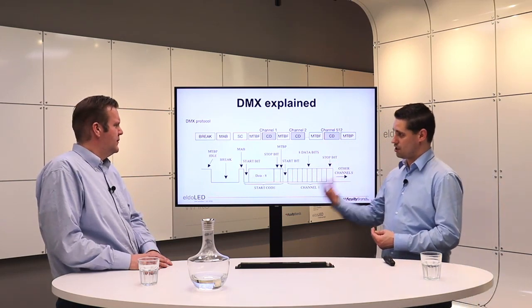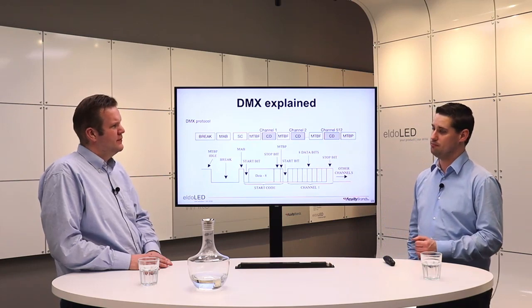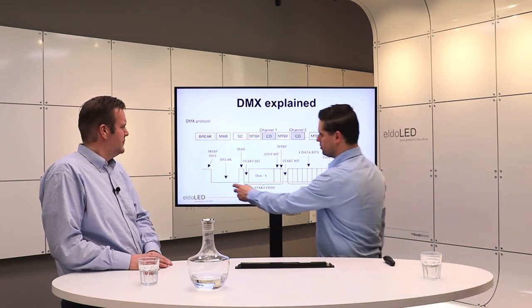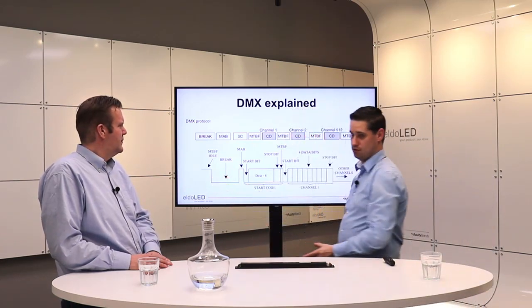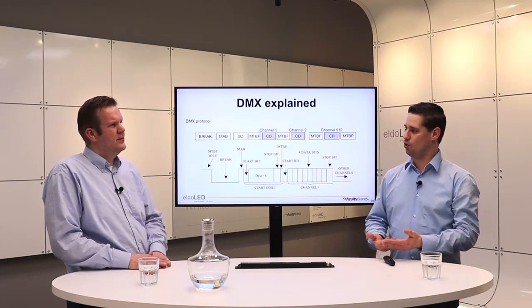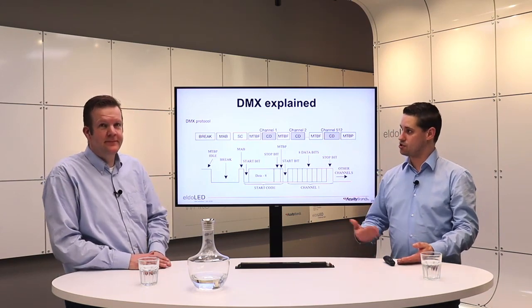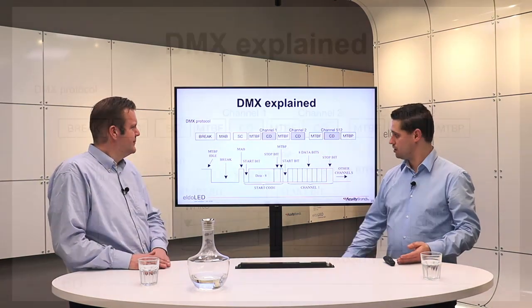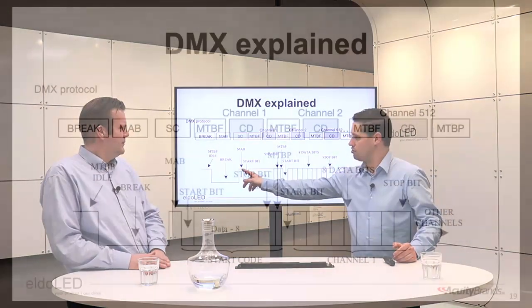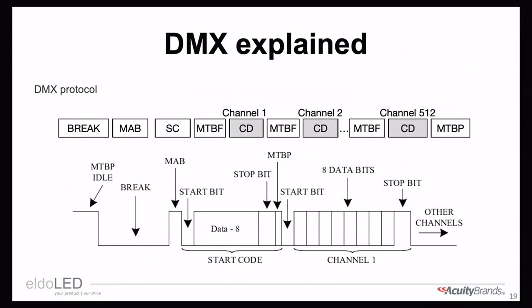So when you start your DMX installation, when you start sending out that data stream, you first start with the break signal. The break signal tells all the connected luminaires, be ready, there is a new data stream arriving. At the moment that the luminaires receive the mark after the break, they start listening to that data stream on the cable.